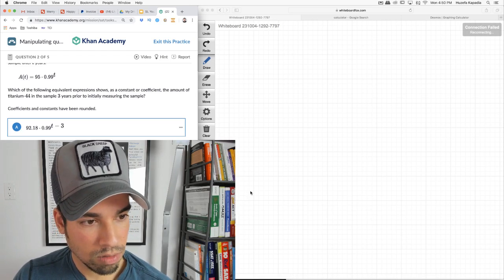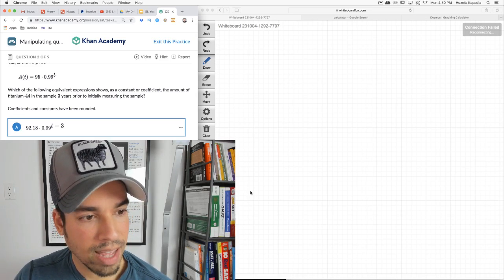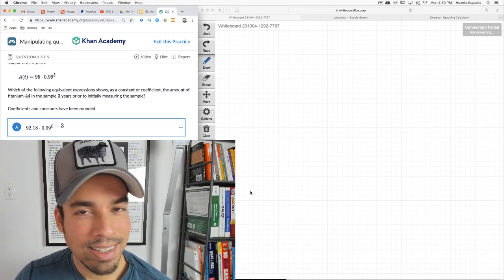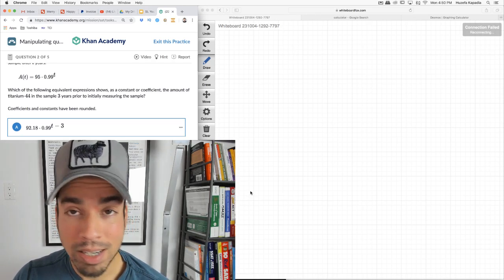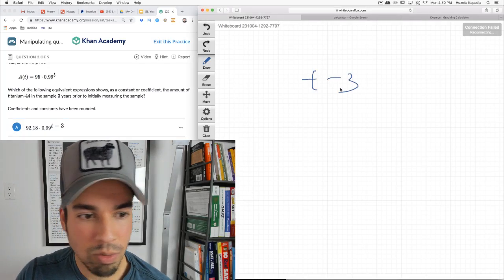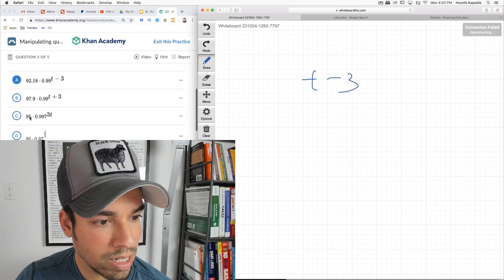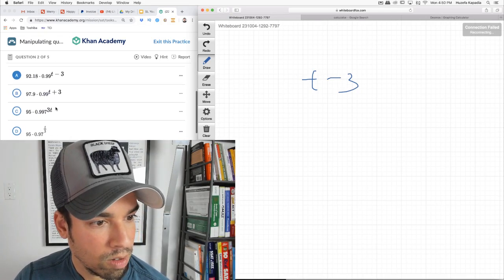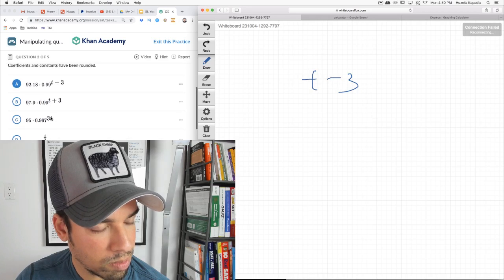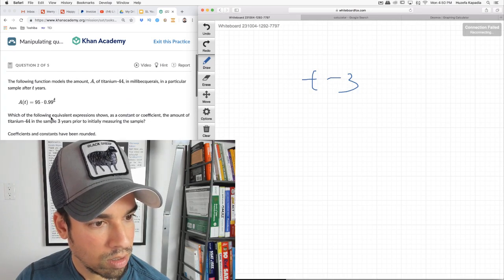T equals 0 would be at the time that it's measured, which would be 95. And then to go backwards in time, we'd say T minus 1. That'd be minus 1 year, right? T minus 2, and then T minus 3 would be 3 years prior. So it makes sense that it should be A. None of these other ones seem to make much sense. So let's go for it.